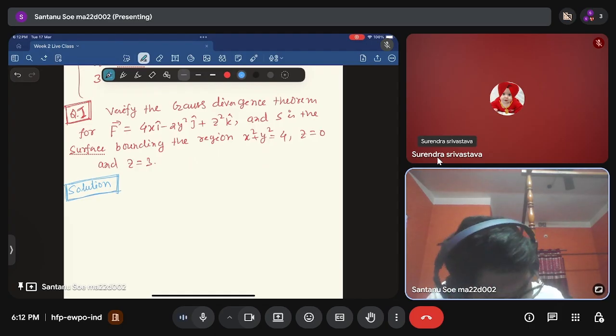So now what is Gauss divergence theorem? It is written as follows.